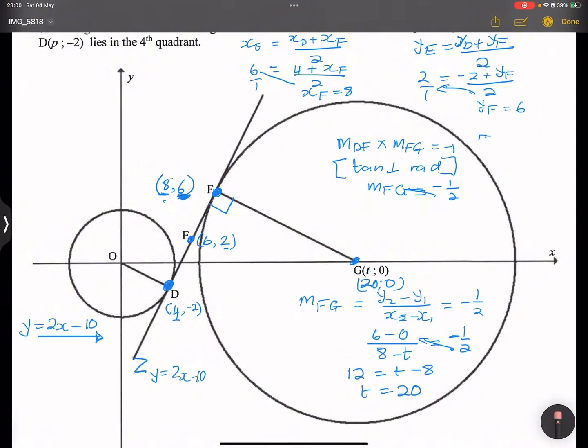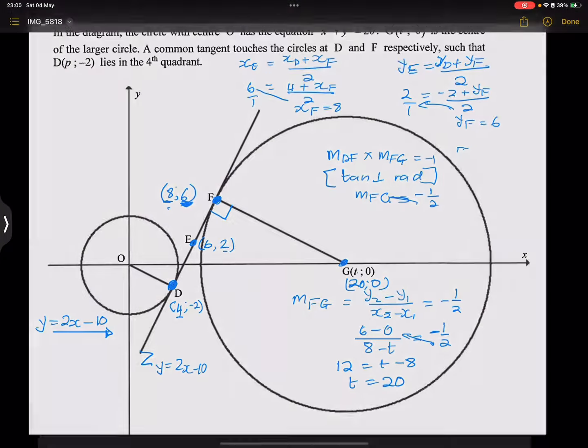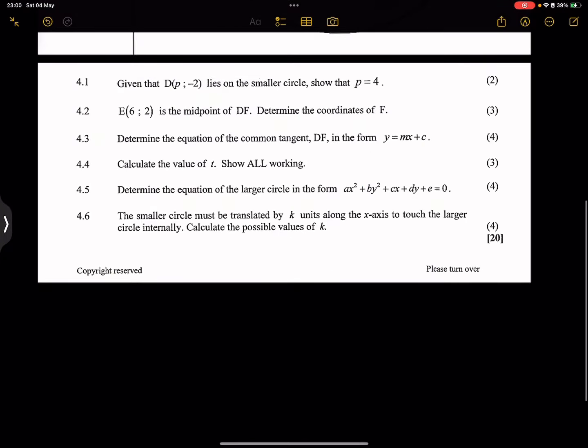So now for the next one, they say determine the equation of the large circle in the form ax squared plus by squared plus cx plus dy plus e. Right, so I know the center, so I'm going to write it over here.